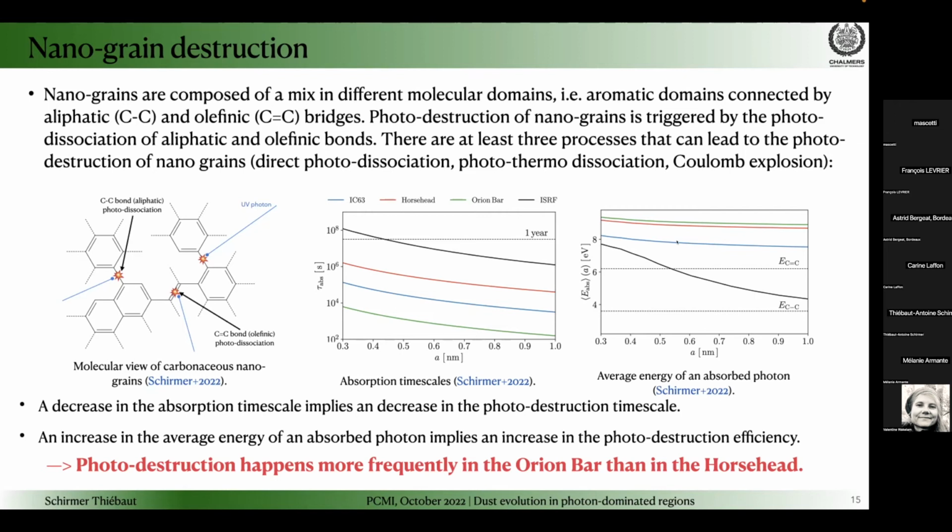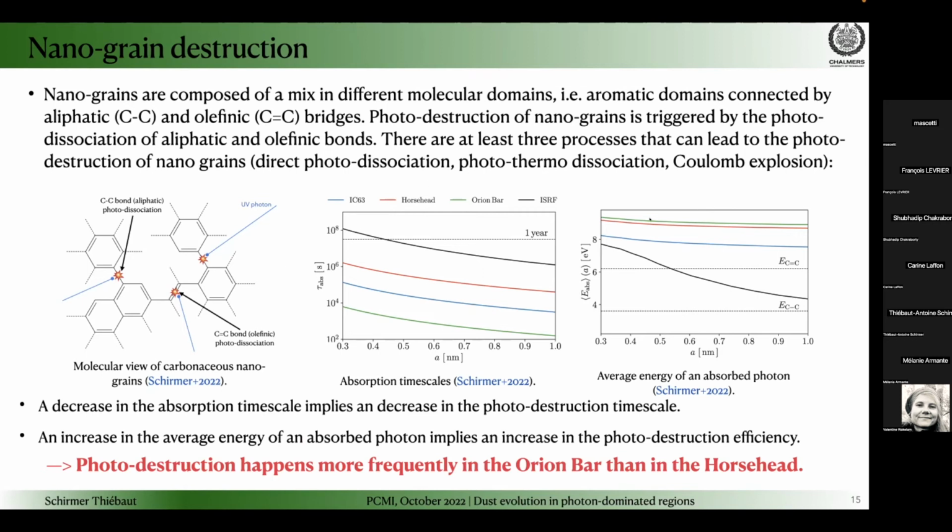So basically, the idea is the larger the energy of an absorbed photon is, the more likely you're going to destroy a nanograin. And for the absorption timescale, if you absorb more photons, a dust grain is going to be more likely photoprocessed and more easily destroyed. So this is how we can compare from one PDR to another how photodestruction behaves.